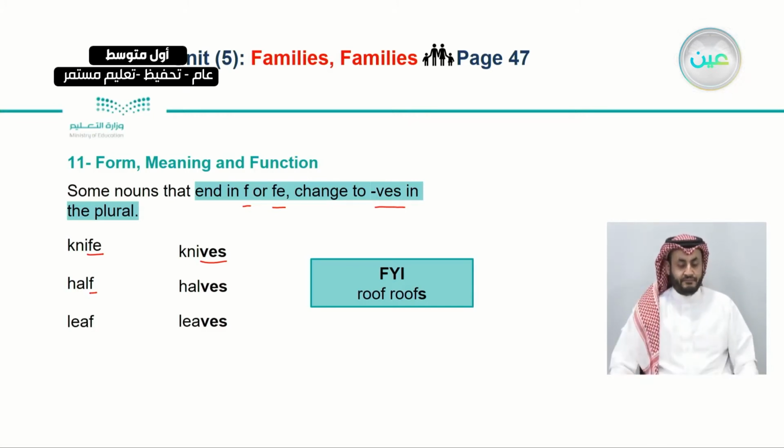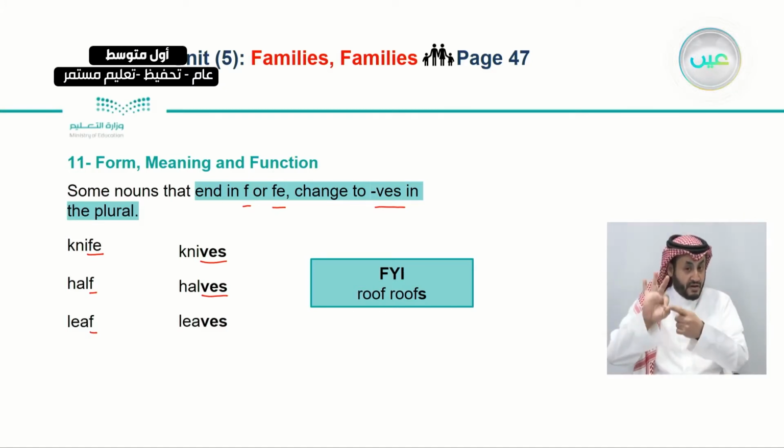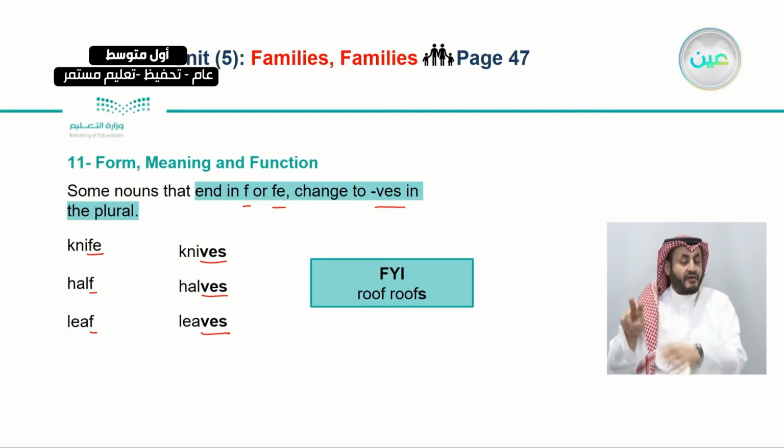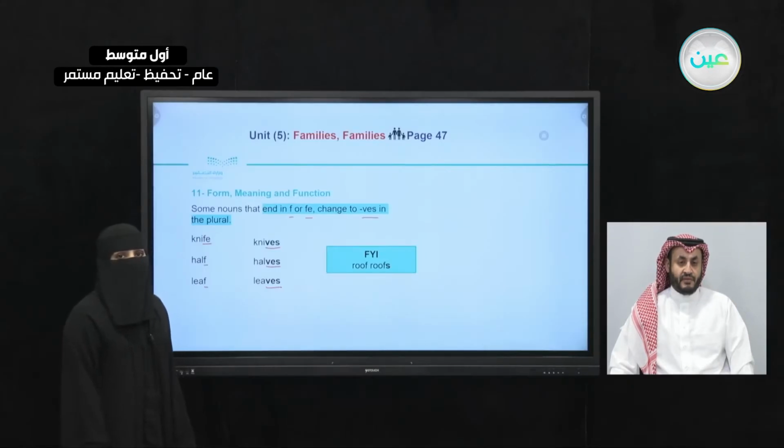Some nouns that end in F or FE change to VES in the plural. So basically I'm going to change the F into VES. How about leaf? Same thing. It ends with an F. So in order to make it plural, leaves, I change the F into VES. How was that? Okay.